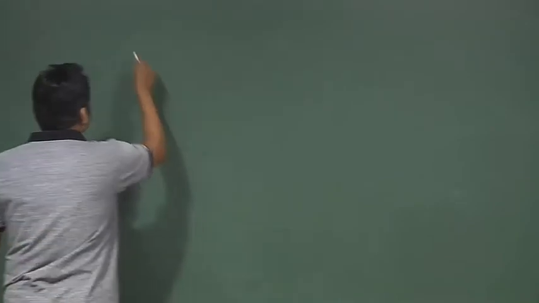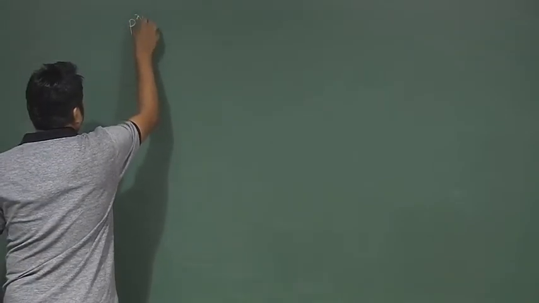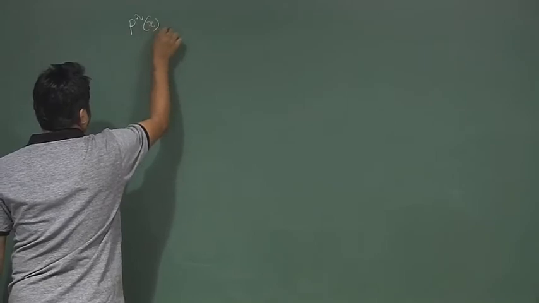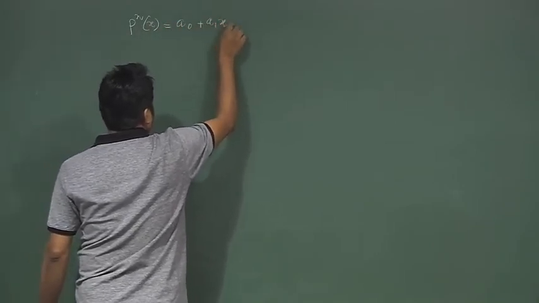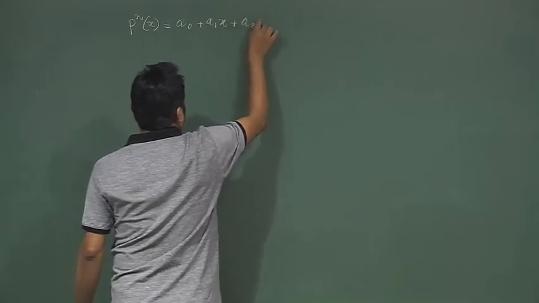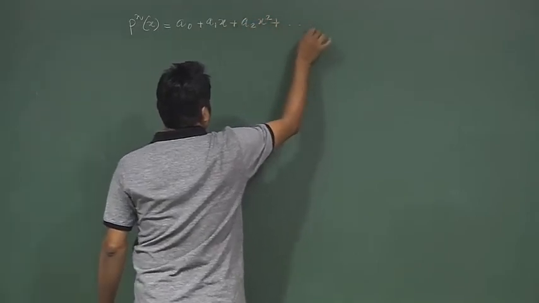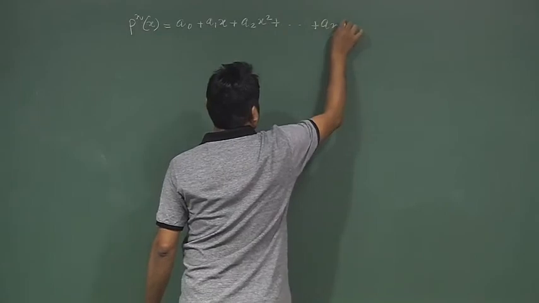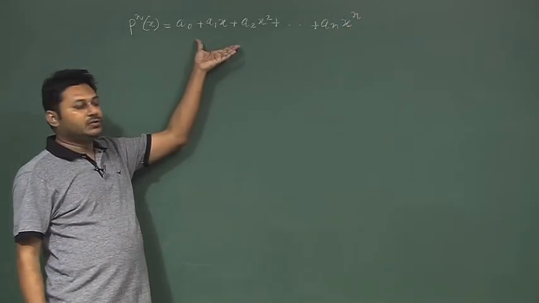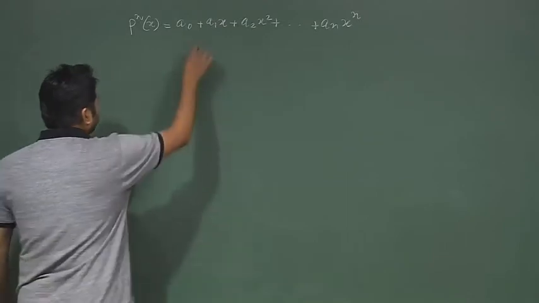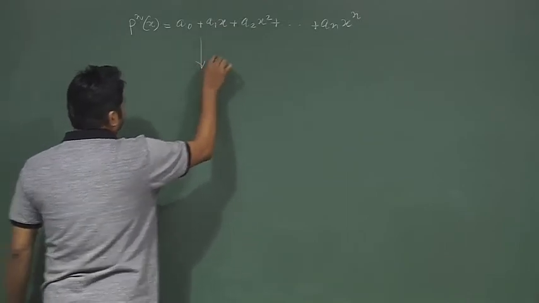For example, an nth order polynomial is given to you, I write it as Pn, which is a0 plus a1 x plus a2 x square plus up to an x to the power n. This is a polynomial given to you. Once the polynomial is given to you, you can readily have a mapping.